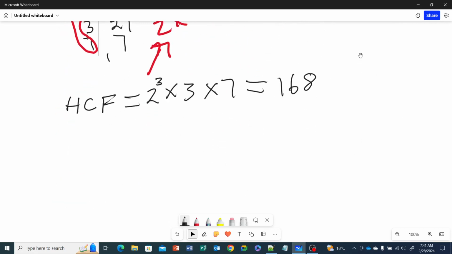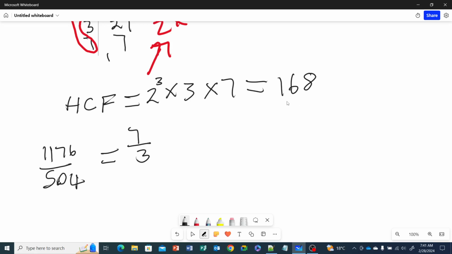So you will find that our fraction in the simplest form, which is 1176 over 504, you divide by the highest common factor, you will get 7 over 3. You understand? So you will be dividing by this over that.